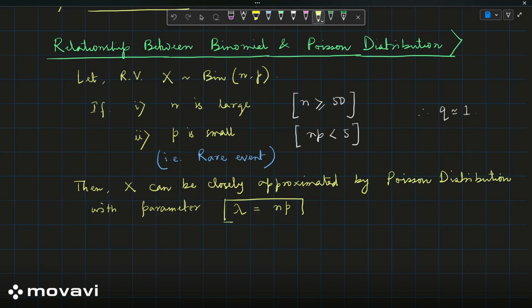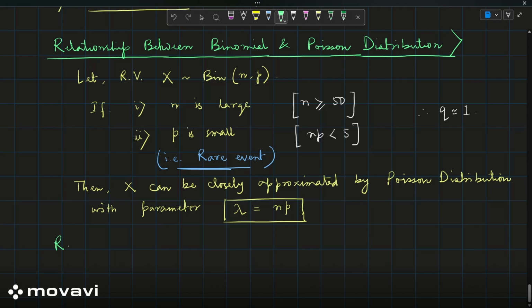Here the connecting thing is the mean of both distributions, binomial and Poisson. For binomial, the mean is np, and for Poisson, the mean is lambda. So those two will be equal in this limiting case.